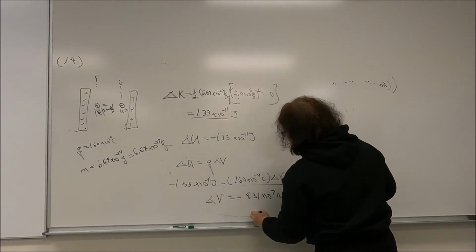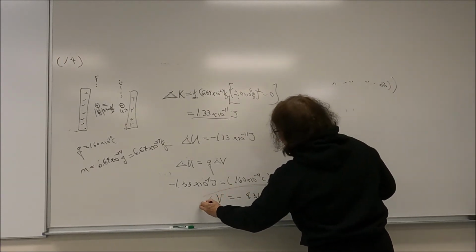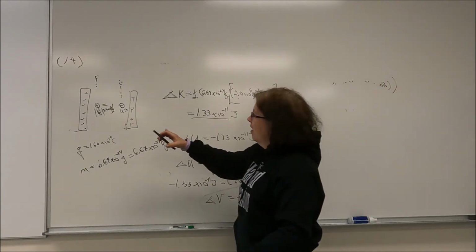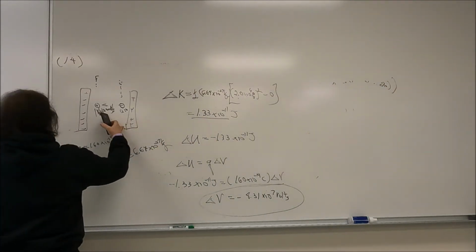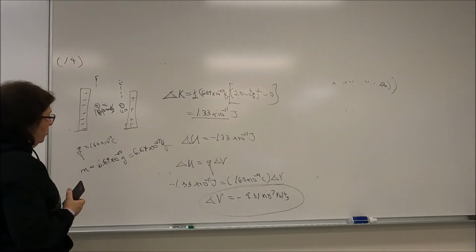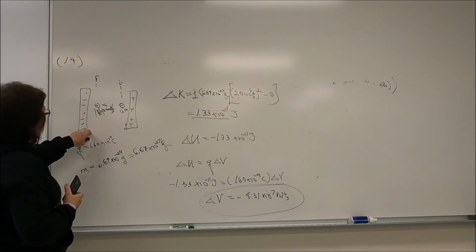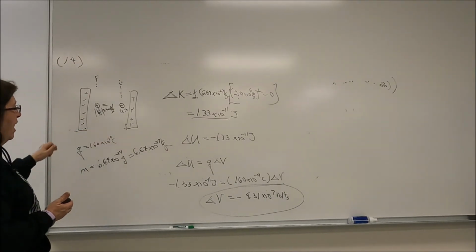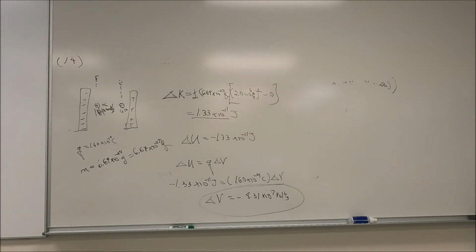Now, I expected the potential to be negative because I went from a region of higher potential energy to a region of lower potential energy for a positive point charge, a decrease in potential energy as I move in that direction. Okay? So these are really kind of plug and chug problems.